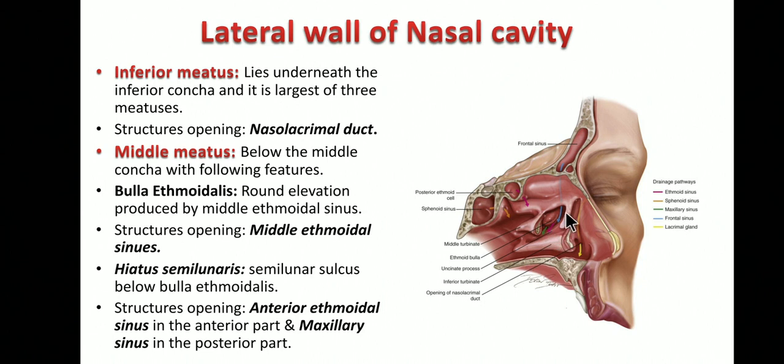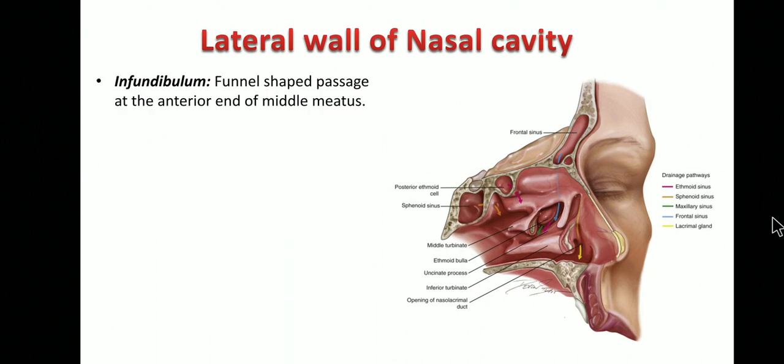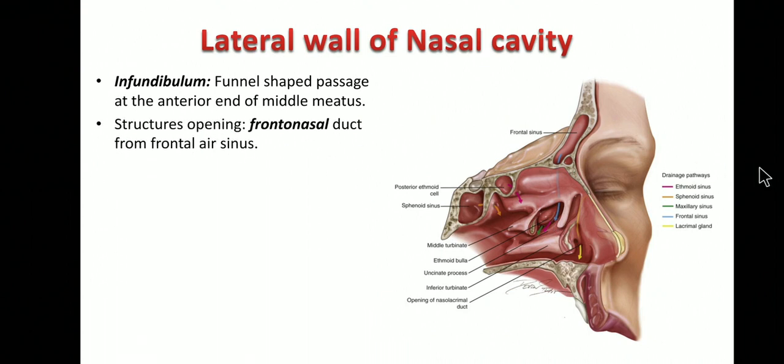Because that opening or sulcus is semilunar in shape, it is called the hiatus semilunaris. If you trace the hiatus semilunaris anteriorly, it will have an extension called the infundibulum. It is a somewhat funnel-shaped passage that receives the opening of your frontal sinus through the frontonasal duct. The frontonasal duct actually drains the secretions of the frontal sinus.